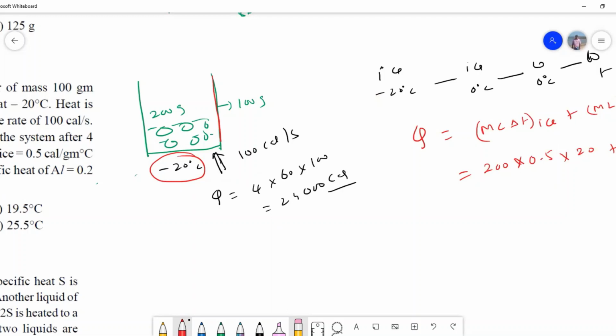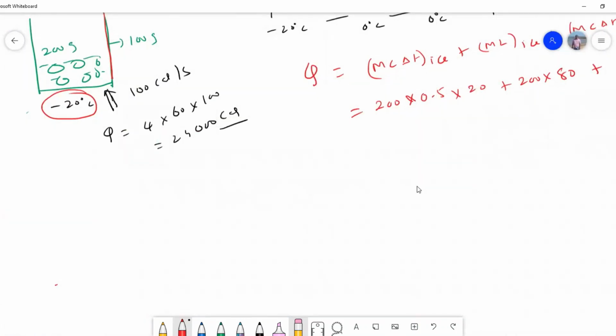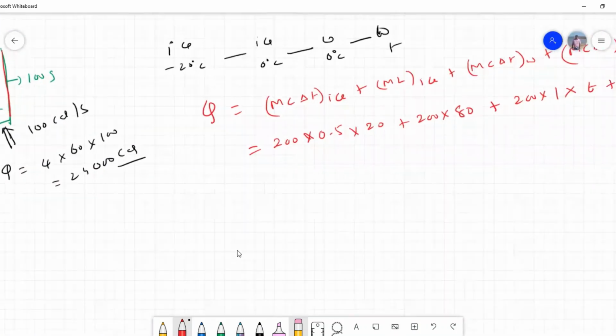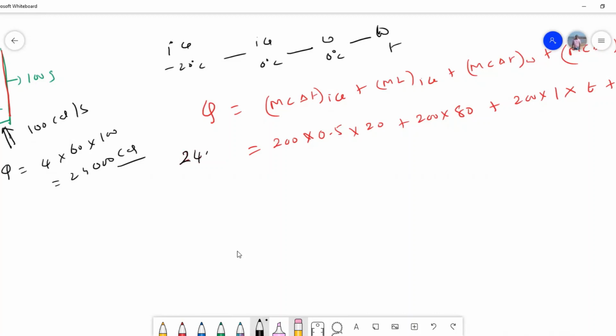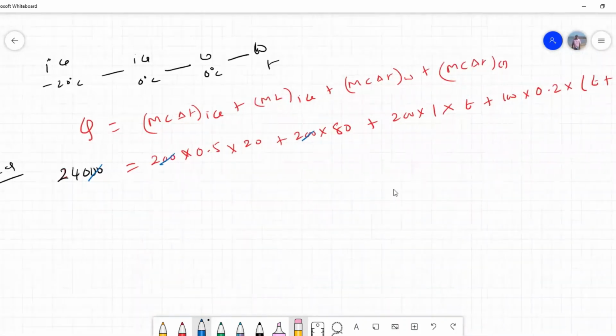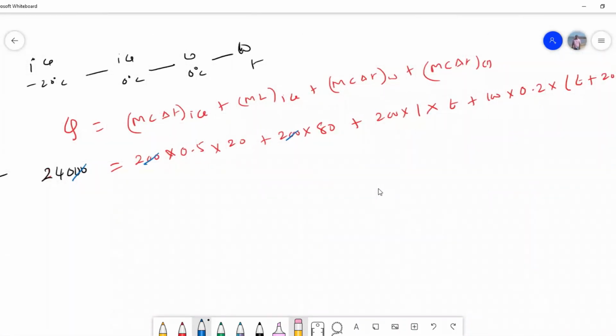Now what is the total energy supplied here? 24,000 calories. So equate it to 24,000 calories. Everywhere I can cancel 2 zeros, because in every term we have 2 zeros.